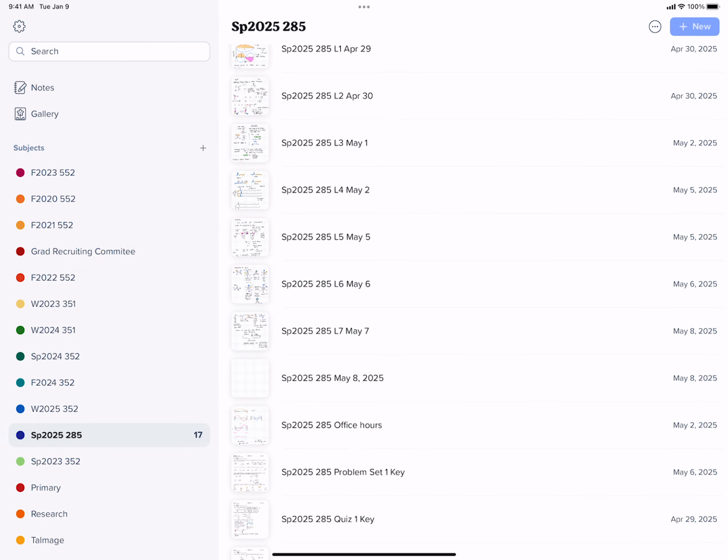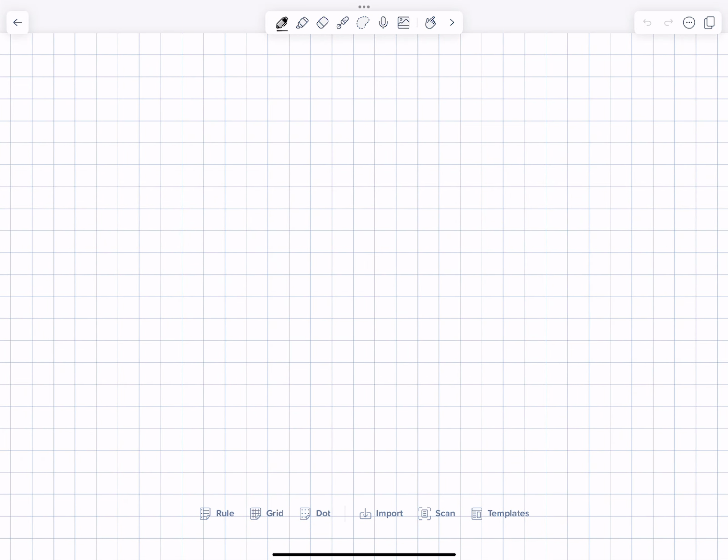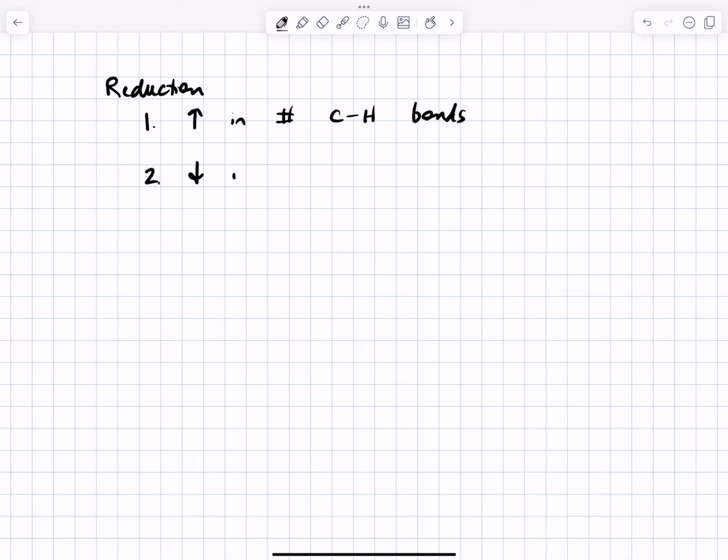So for example, let's just restate that here. One, an increase in the number of CH bonds, or two, a decrease in the number of CZ bonds, where Z is an electronegative heteroatom like nitrogen, oxygen, or halides.